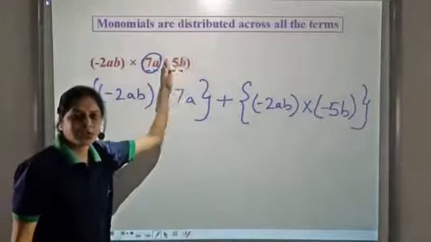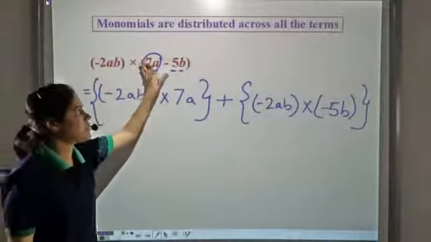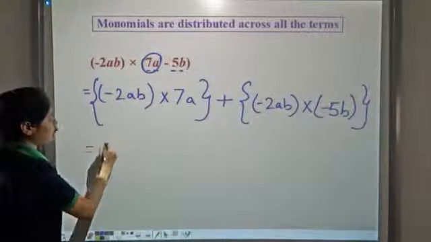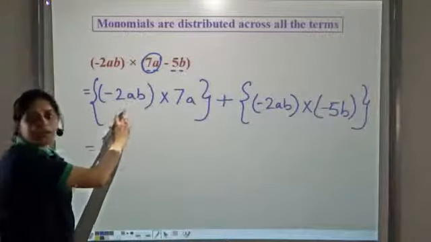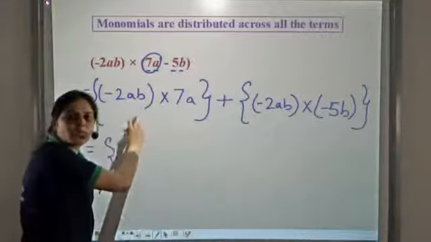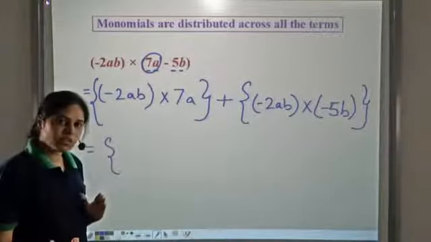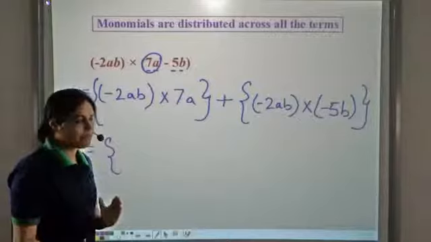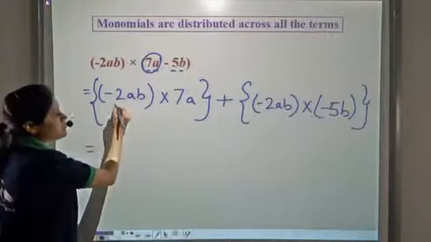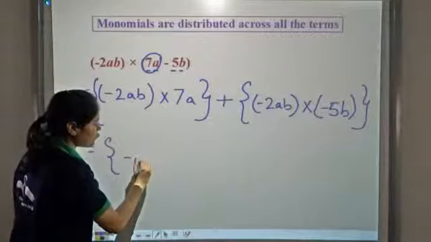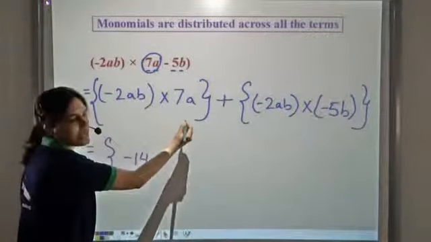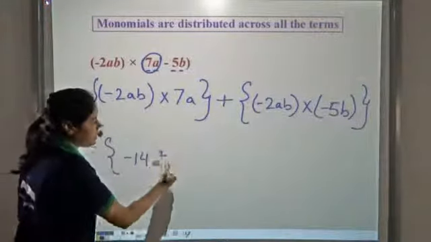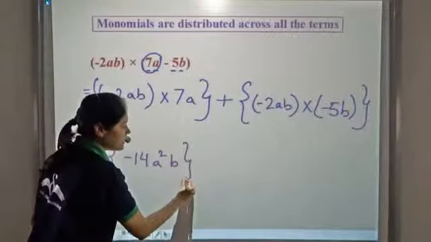So we consider each term, multiply negative 2ab with each term and add it. Now this is just like multiplying two monomials. We multiply the numeric parts and then we multiply the algebraic parts. Negative 2 into 7 is negative 14. ab into a: a is multiplied twice, so a squared, and b is multiplied once, so it remains b.